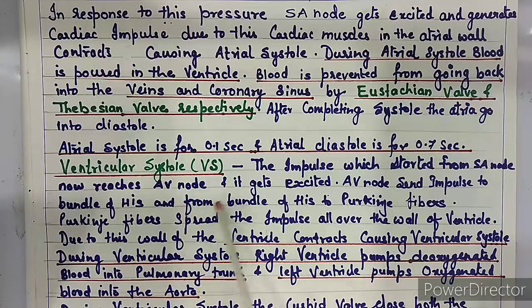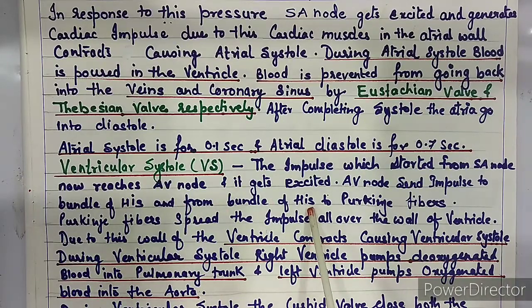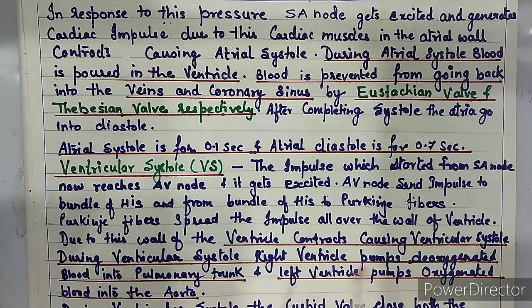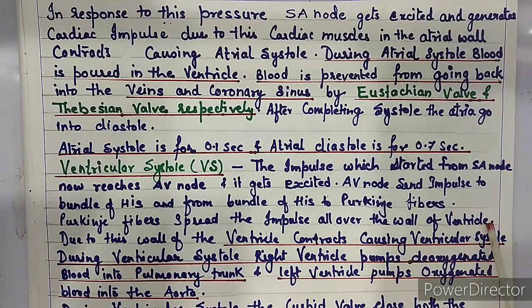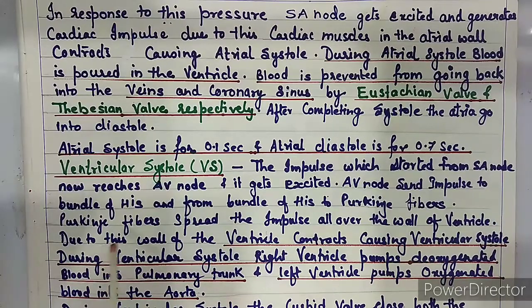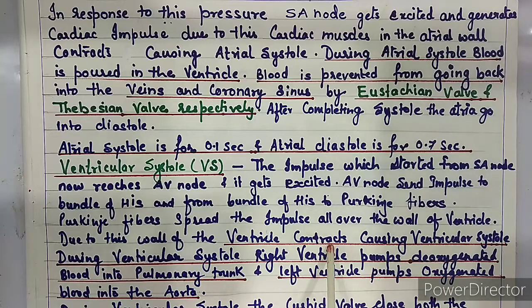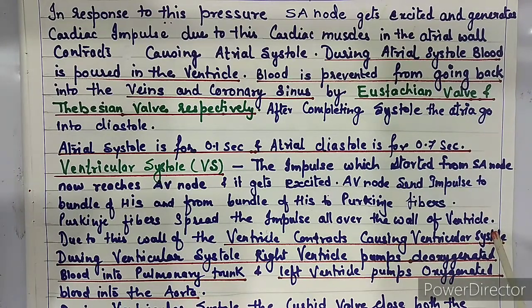From the bundle of His, it is passed on to the fibers, which are the Purkinje fibers. In turn, the Purkinje fibers spread the impulse all over the walls of the ventricles. Due to this, the walls of the ventricles contract, resulting in ventricular systole.